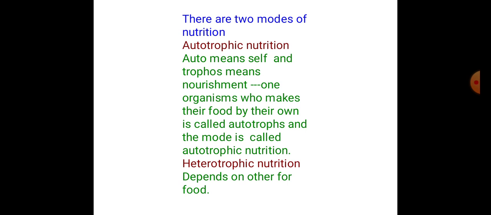So they make their food by their own with the help of sunlight, as they have chlorophyll. We do not have chlorophyll. The green pigments we don't have. That's why we have to depend on plants. Animals do not have chlorophyll. So we can't make food and we have to depend on plants.